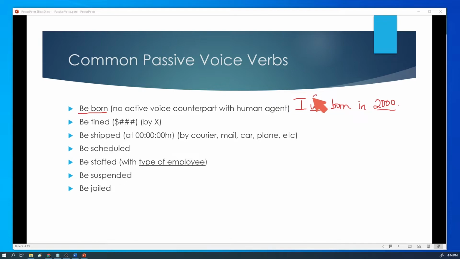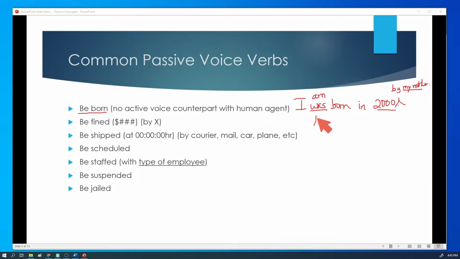We never say, I am born, because it cannot happen today. You can say, the baby will be born if you're talking about a new baby. It's never possible to say by somebody here because we don't need to say by my mother, because we understand who gave birth to us.